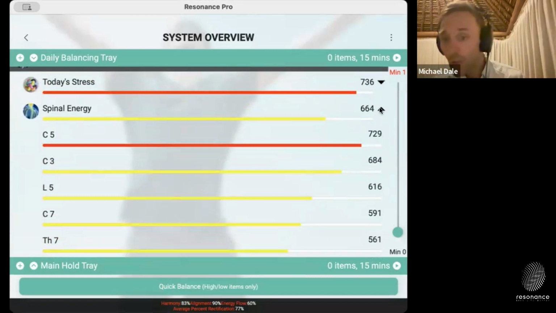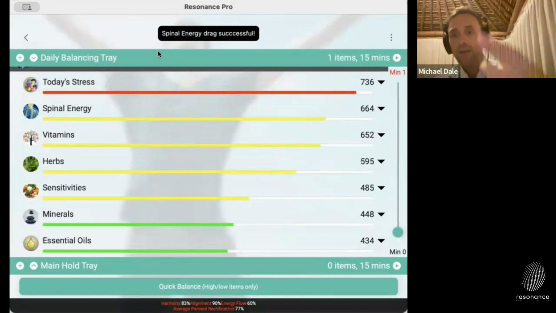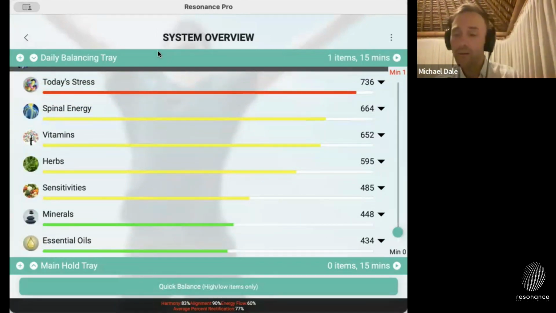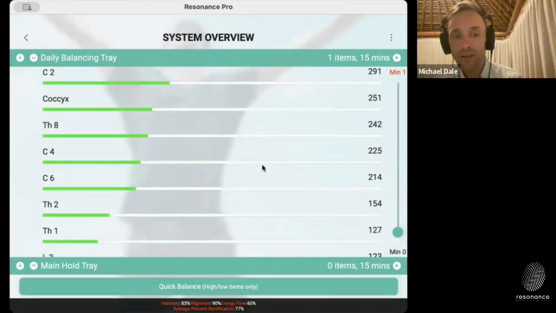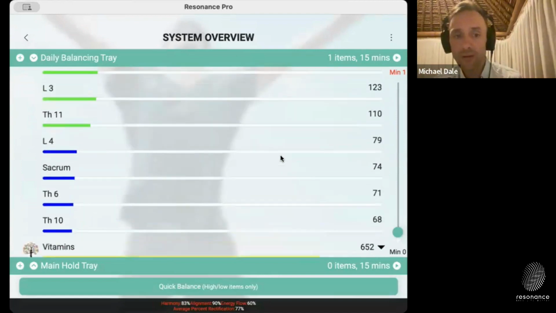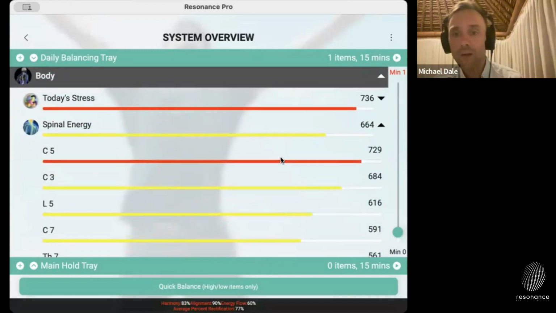What I'm going to do is close this box off, because I'm looking for just general spinal well-being today. So I'm going to take spinal energy and drag it into the daily balancing tray. Now you can see I've placed the entire spinal energy section into the daily balancing tray, even though some of them are green and some are yellow, blue, and red.